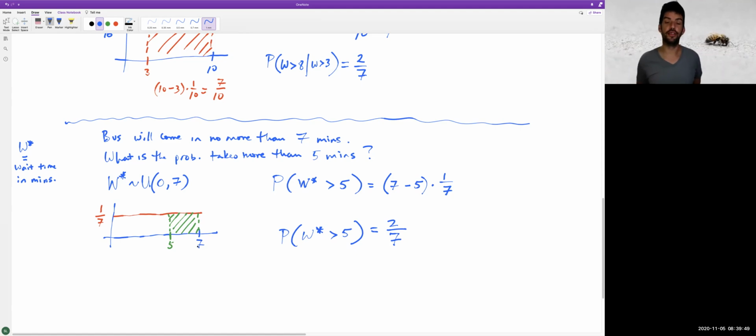So we've shrunk that sample space, right? And that's what conditional probabilities do. Once you know some extra information, some possibilities might have been eliminated. Some outcomes have been eliminated. So we have a smaller sample space, right? In this case, we've eliminated any of the outcomes of the bus arriving between 0 and 3 minutes.